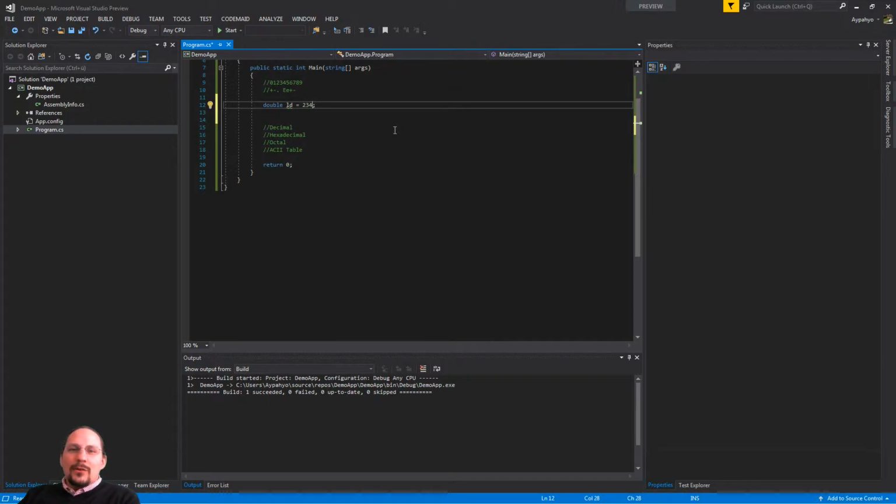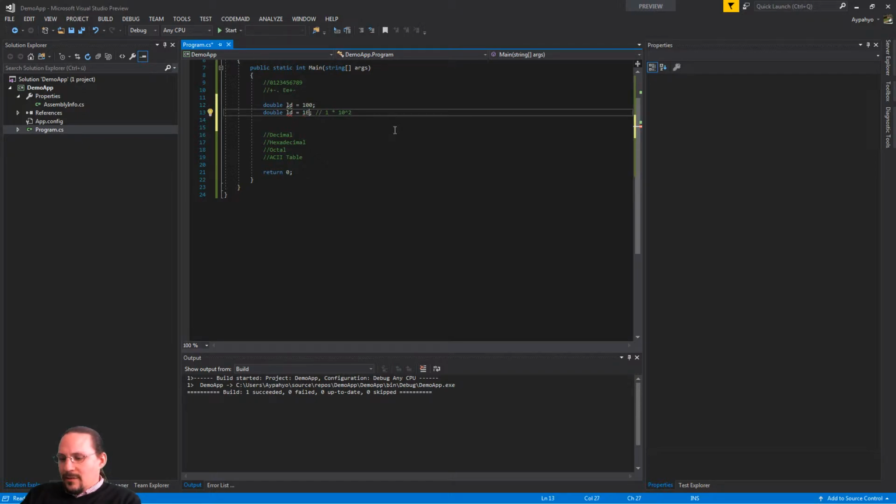You can express 100 like that, or you can express 100 by writing 1 times 10 to the power of 2. 10 to the power of 2 is 10 times 10, that's 100, and then 1 times 100 is 100. And the 10 to the power of is like this exponent thing.